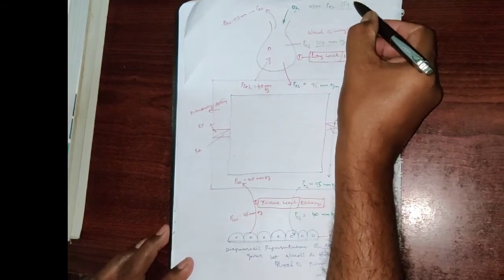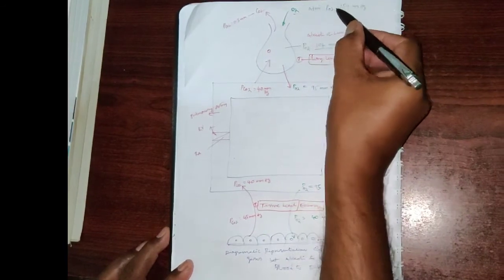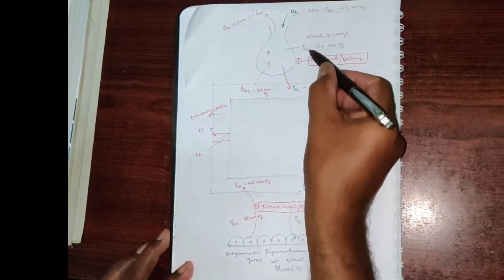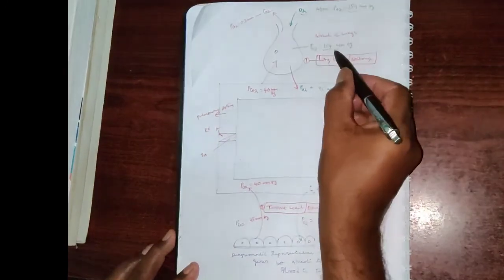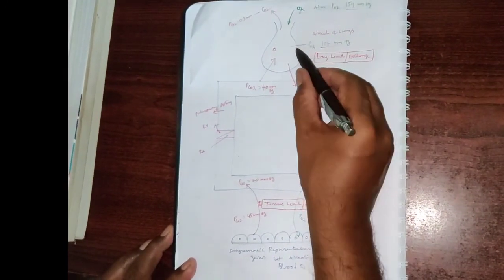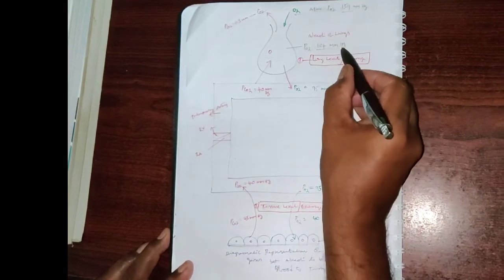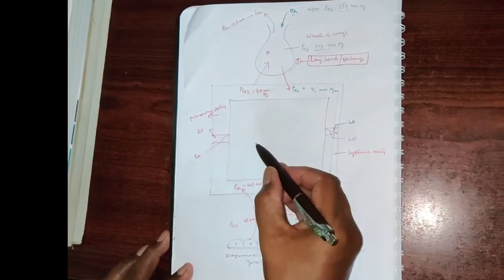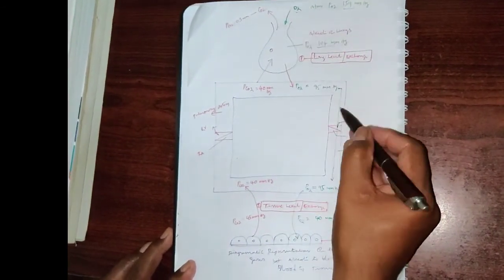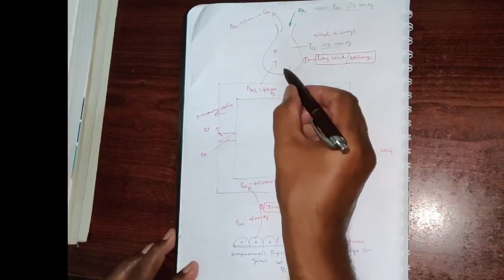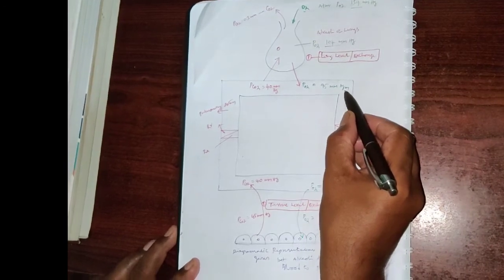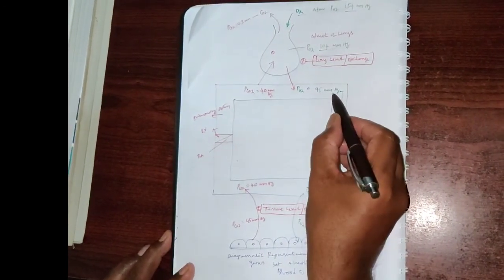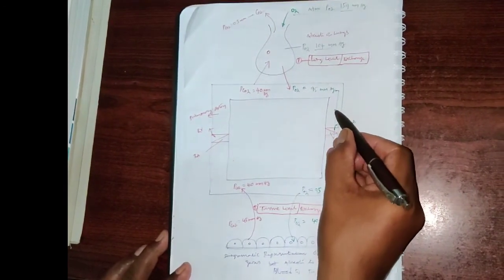The diffusion of gases occurs from high partial pressure to low partial pressure. Due to the pressure difference, oxygen diffuses from the alveoli of the lungs into the arteries, where the partial pressure of O2 is 95 mm of mercury.